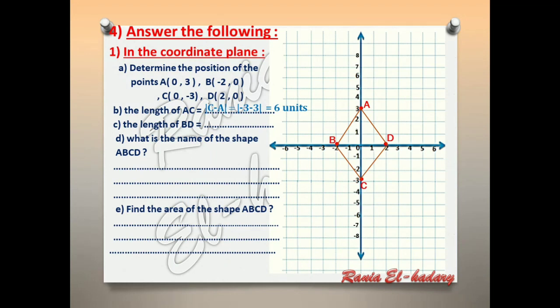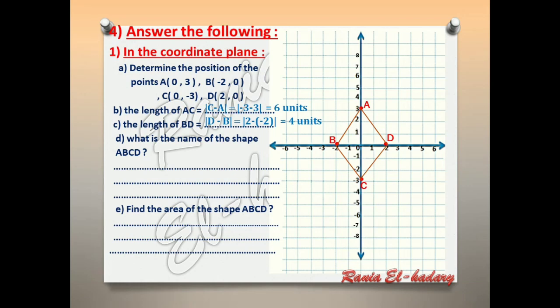Letter C. The length of BD equals the absolute value of D minus B, which equals 2 minus negative 2, equals 4 units. Or count from point D to point B on the coordinate plane, and you find the length is 4 units.